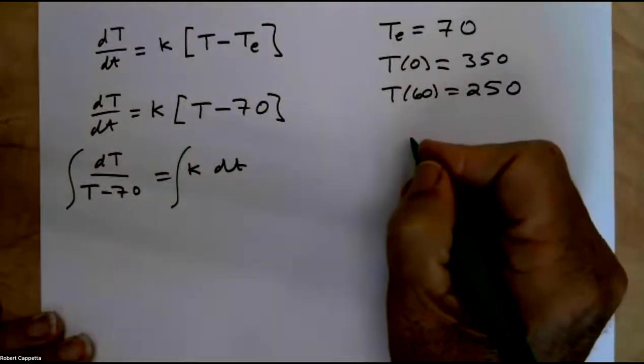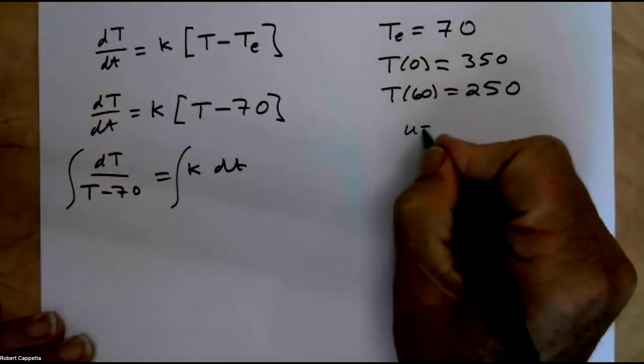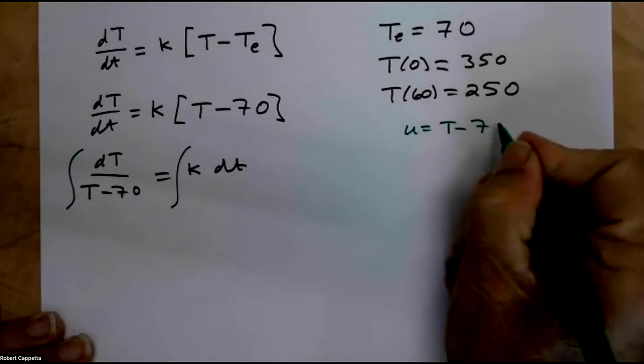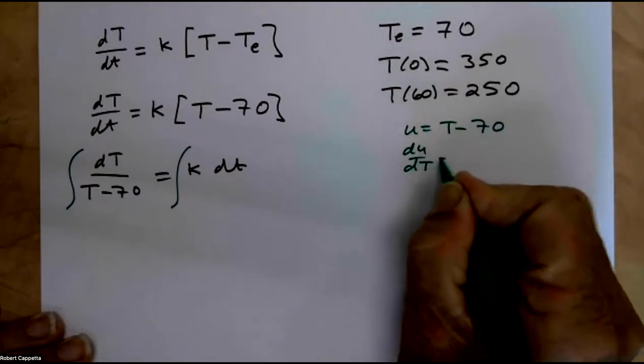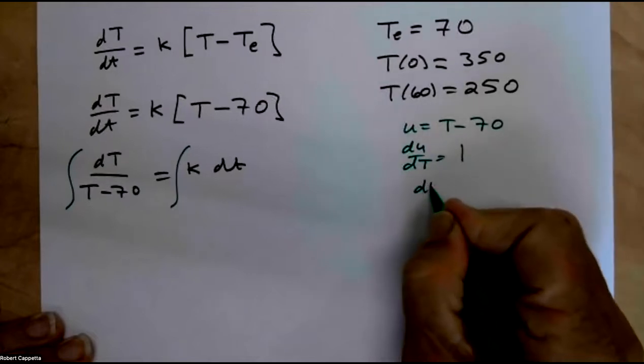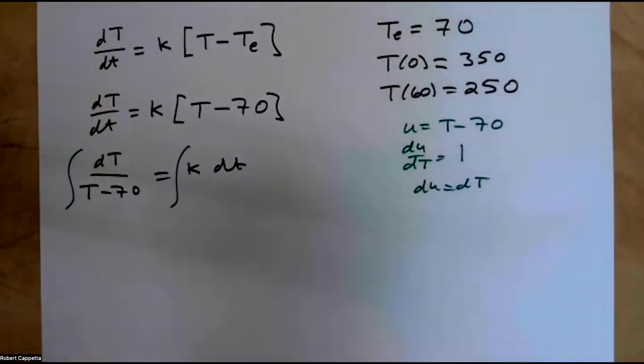First integral is relatively easy with the u substitution. u is big T minus 70, du/dT is the derivative of big T, which is 1, so du equals dT.